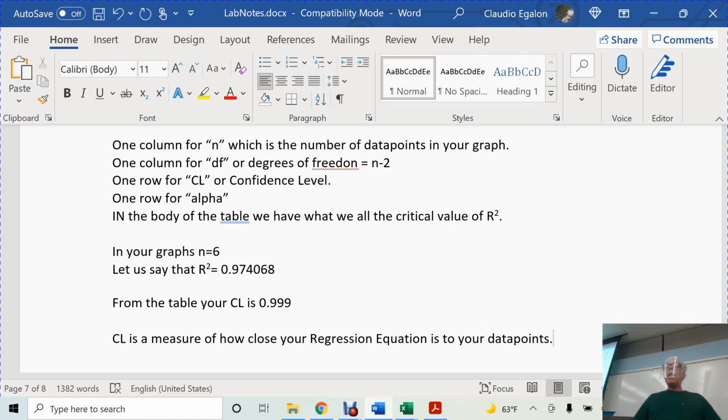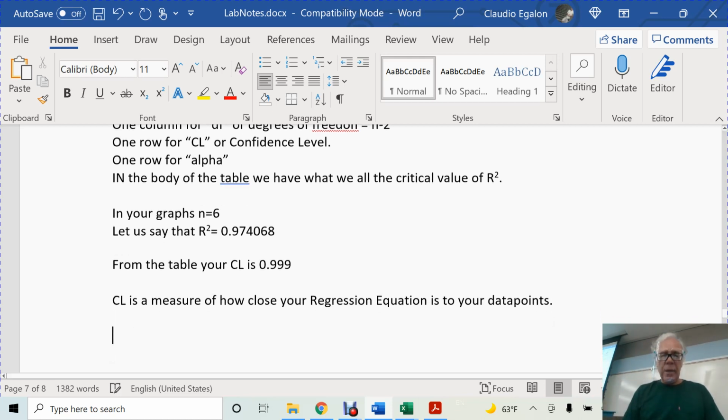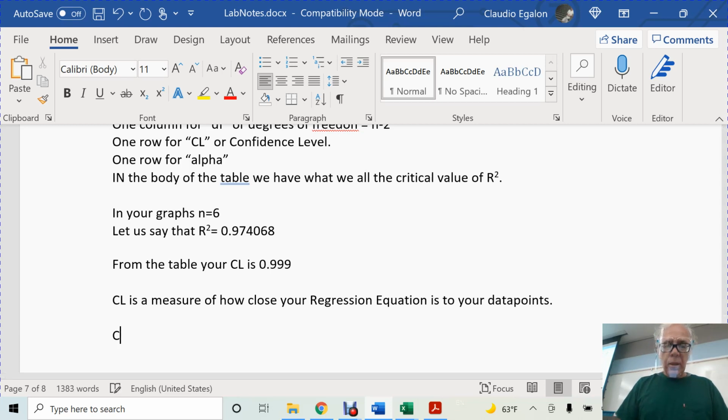CL can be anywhere between 0 and 1. Can be anywhere between 0% and 100%. Okay? Here you go. CL equal to 0 means that your regression equation does not fit your data points at all.